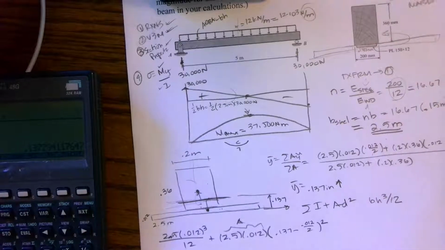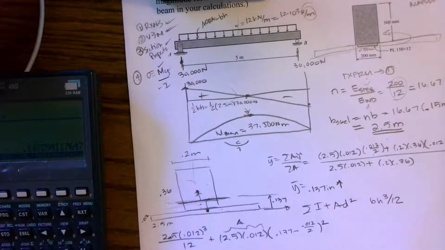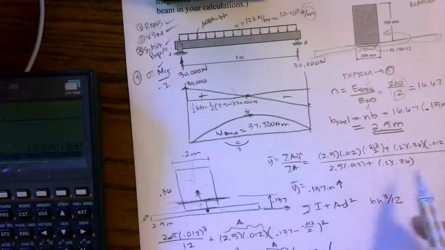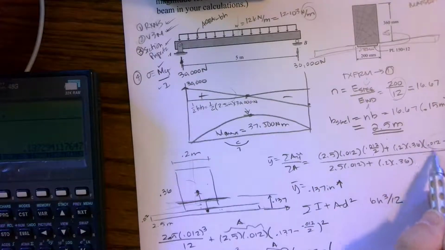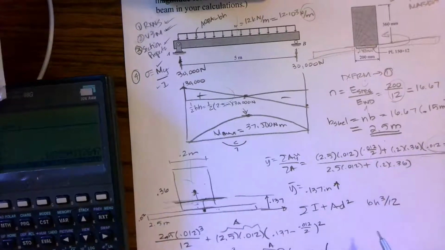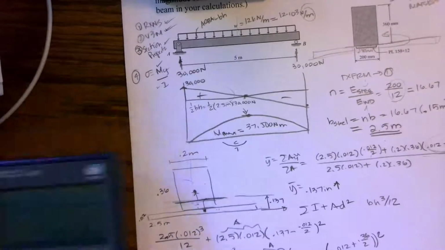Plus, base 0.2, height 0.36 cubed over 12, plus base times height, so this is my area, and then we have 0.137 minus, and here's our value from the global to the centroid of that top piece, 0.012 plus 0.36 over 2, squared.